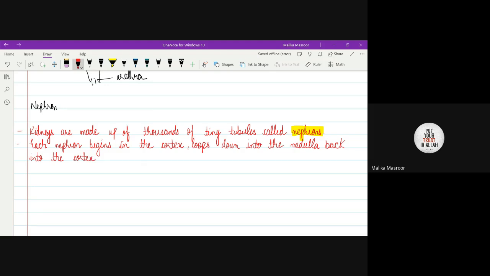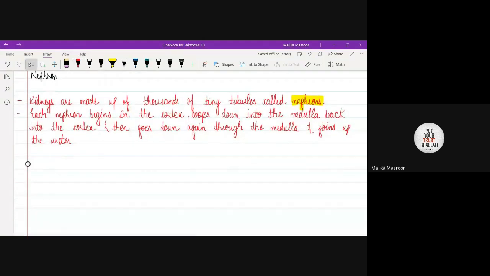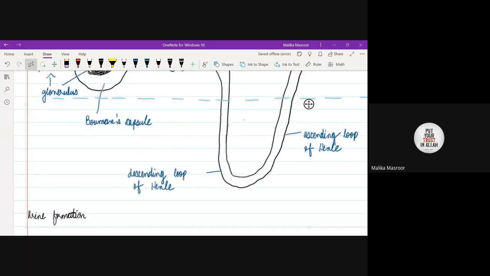And then goes down again through the medulla. And joins up the ureter. This is what your nephron looks like.